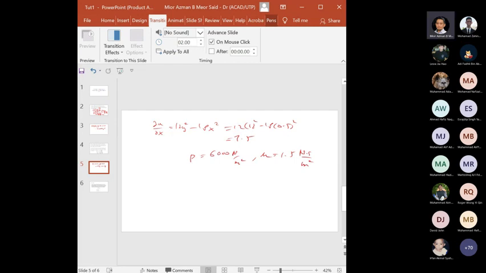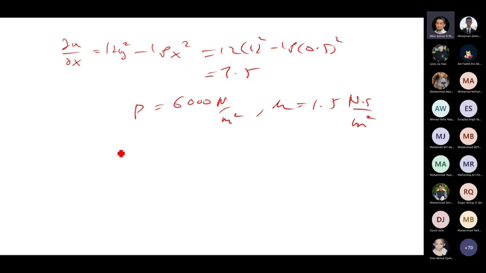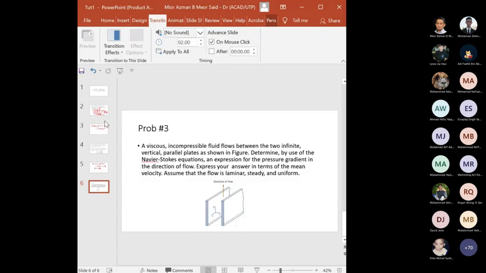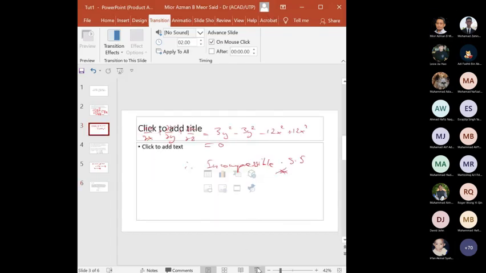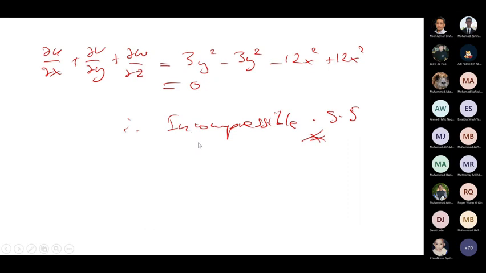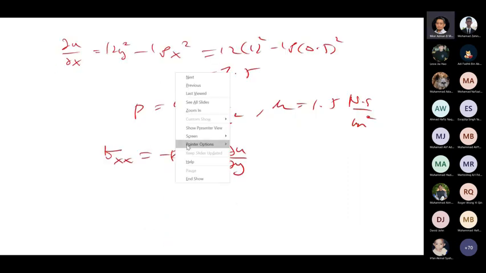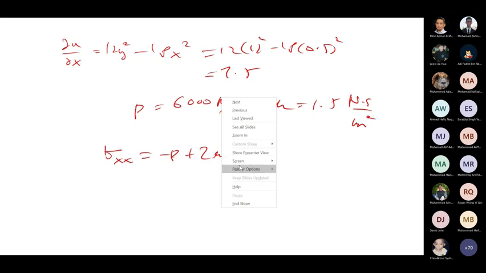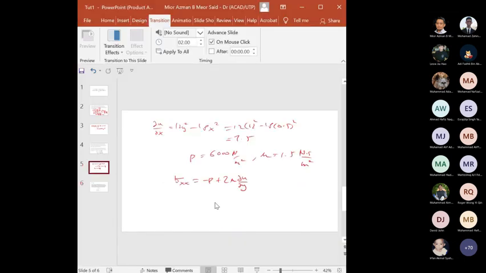Right, so now we can put it into the equation given for the normal stress, which is negative P plus 2 times viscosity times partial u over partial x.